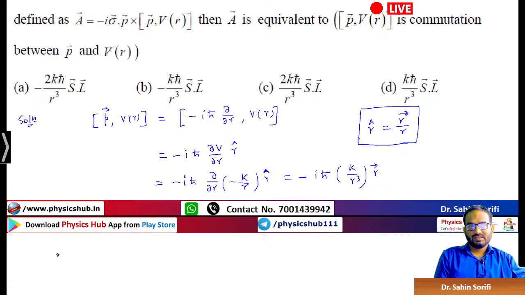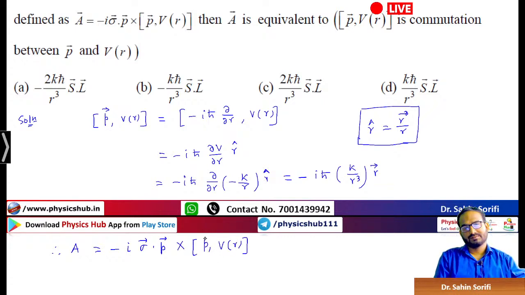Now let's tackle A. A is equal to minus i sigma dot (P cross [P, V(r)]).